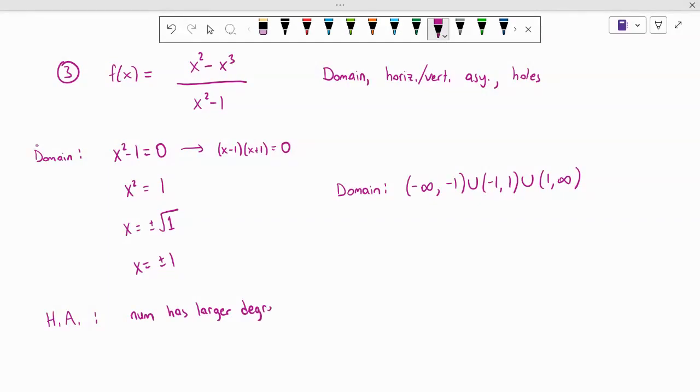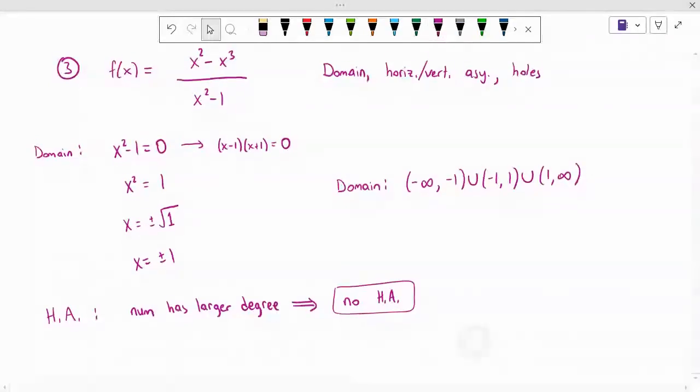Here the degree of the numerator is 3 because of the x cubed term, whereas the degree of the denominator is 2 because of the x squared. So when the numerator has a larger degree, that means you have no horizontal asymptotes, okay? Good.